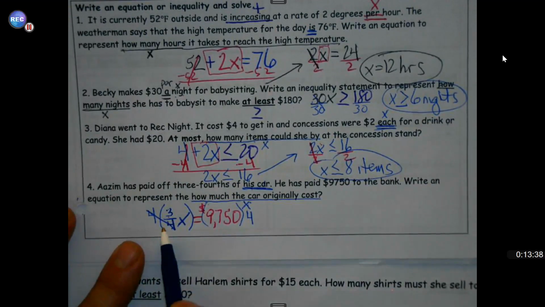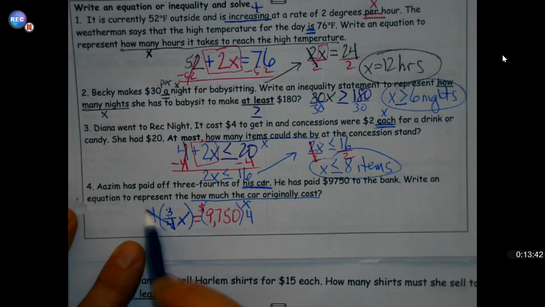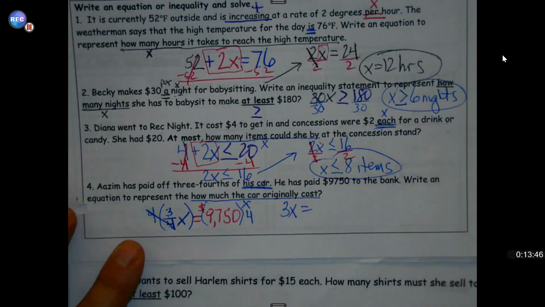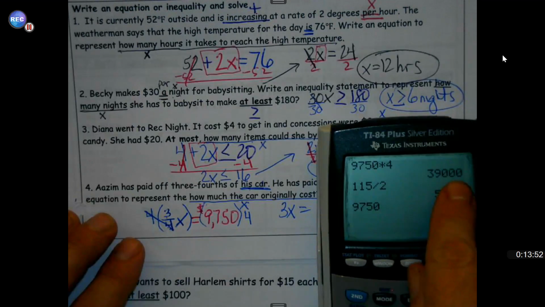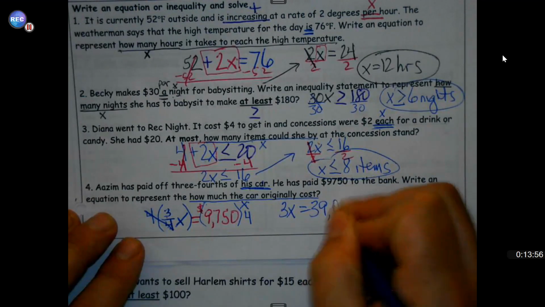On this side, don't multiply the 4 times the 3. That 4's only job in life is to cancel that fraction out. 3x equals 9,750. I'm not going to try and do that in my head on a Friday morning. Oh, I already have it in here: 39,000.